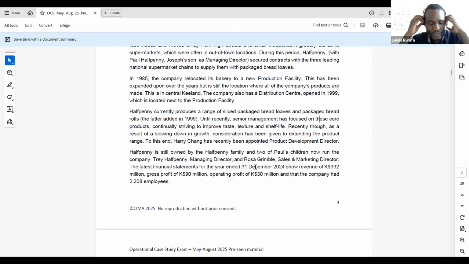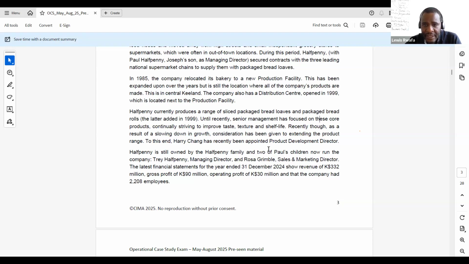And they also made an operating profit of 90 million. So there is a margin of almost 27% there. We are going to do the numbers in the upcoming sessions. So they made a little bit of good margins there.